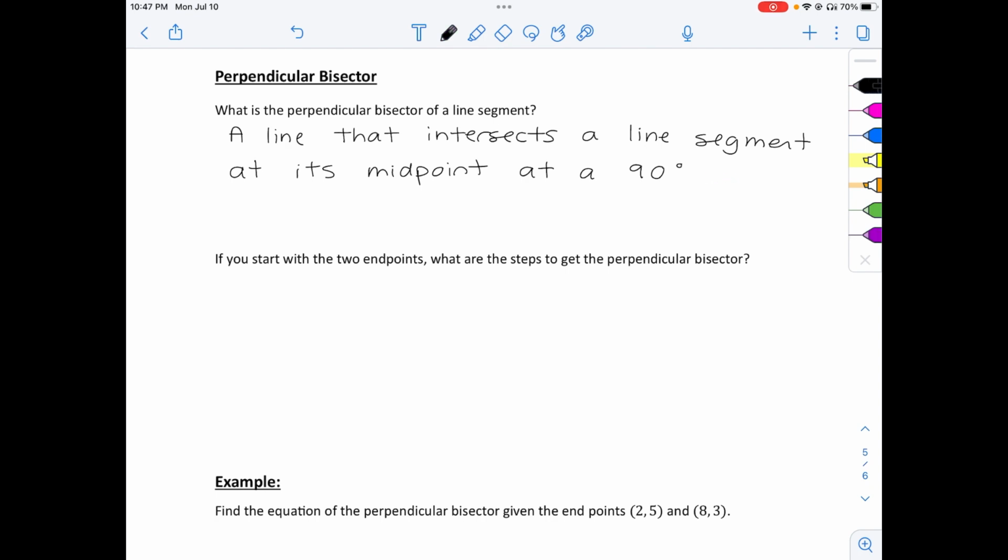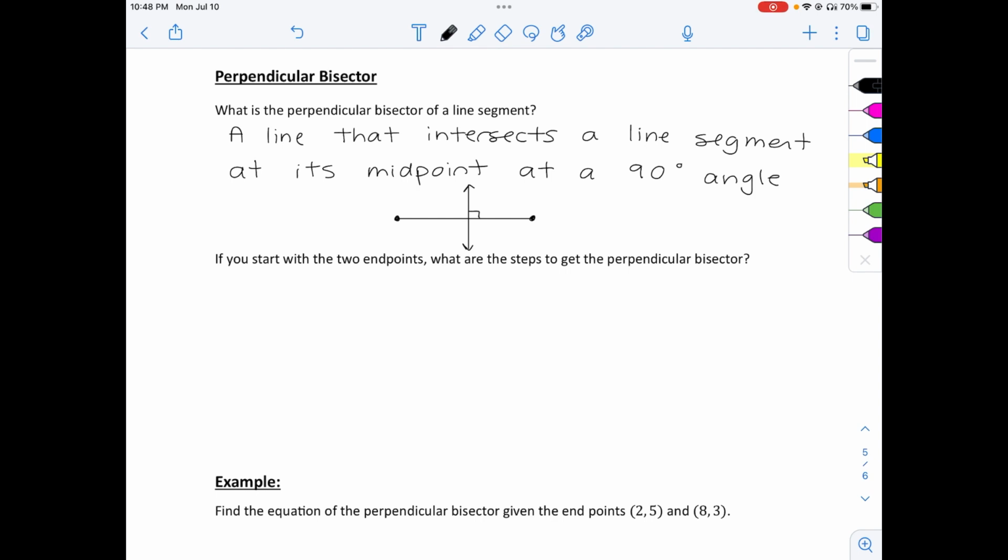Okay, so if we were to just draw a quick picture, like let's say this is the line segment, the perpendicular bisector would go straight through and make a 90-degree angle with the line segment.